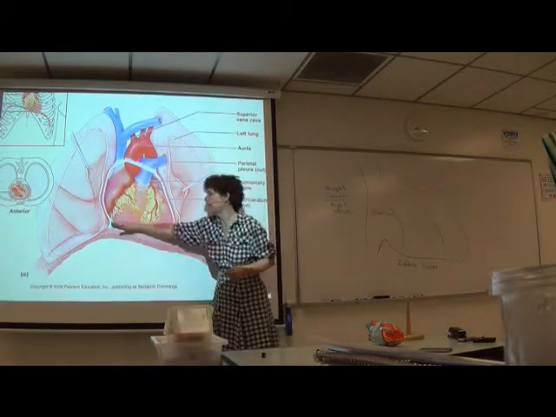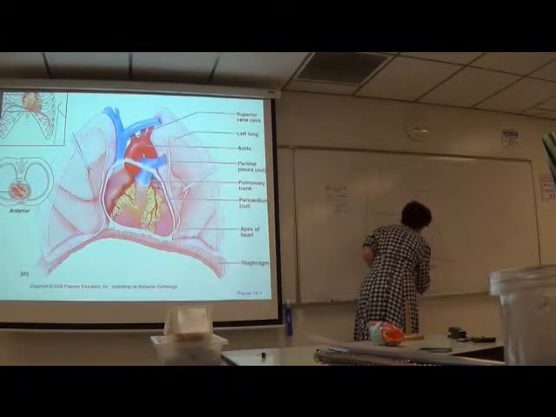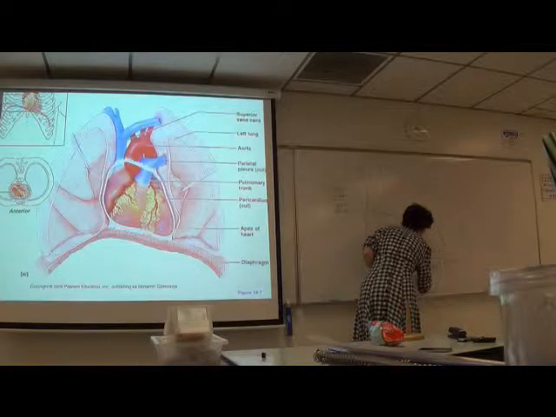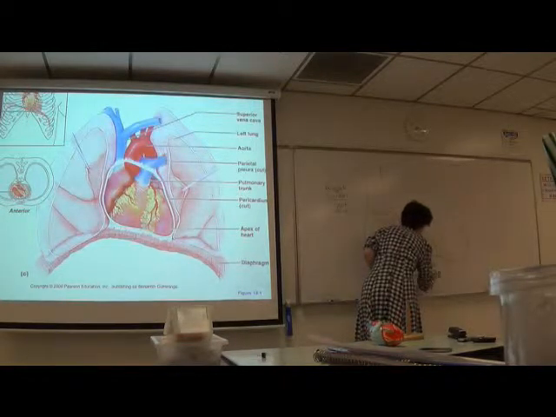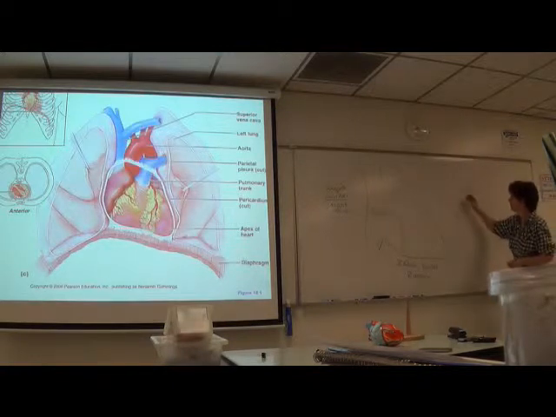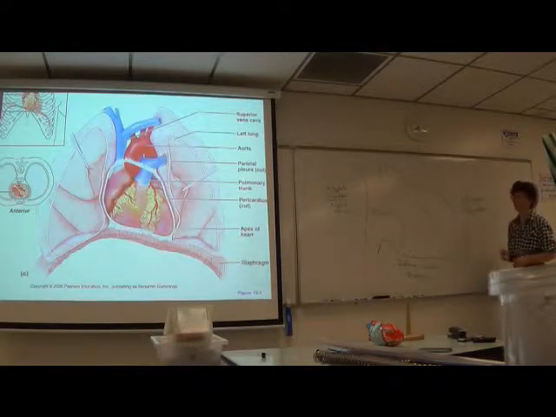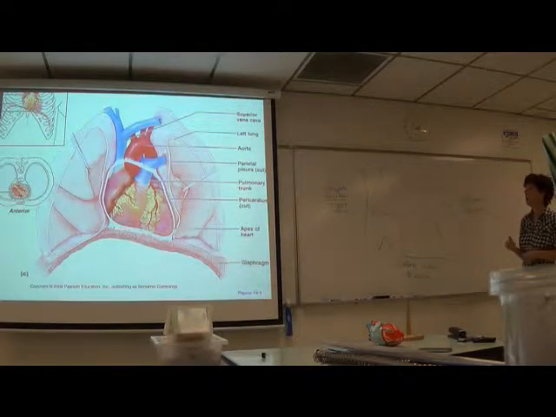So primarily the inferior border is the right ventricle. And the left border is going to be the left ventricle. We see very little of the left atrium.